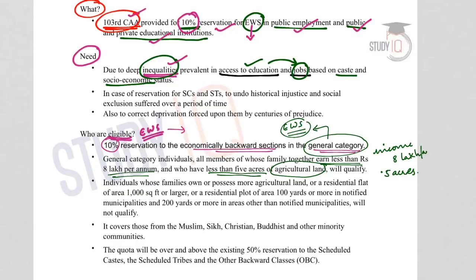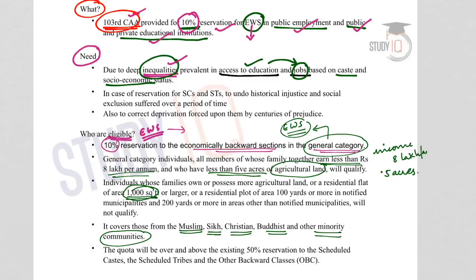Third, individuals whose families own or possess a residential building of more than 1000 square feet will not be eligible.